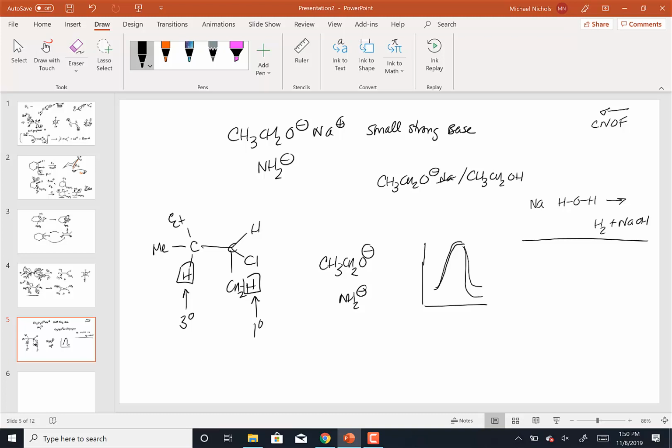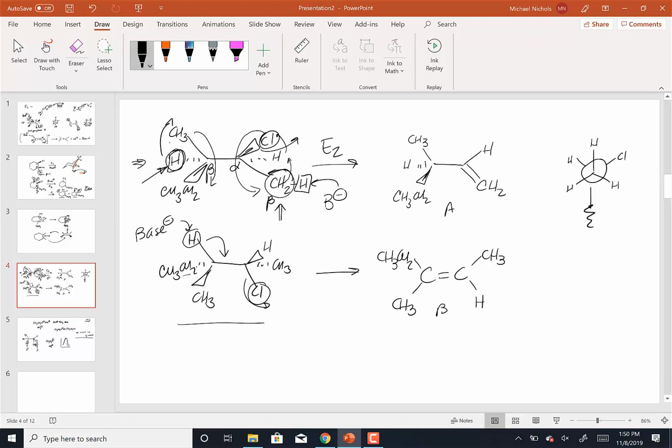And so which one of those two products was the more stable? Well, if we go back here, which one is it, A or B? Which one is more stable?